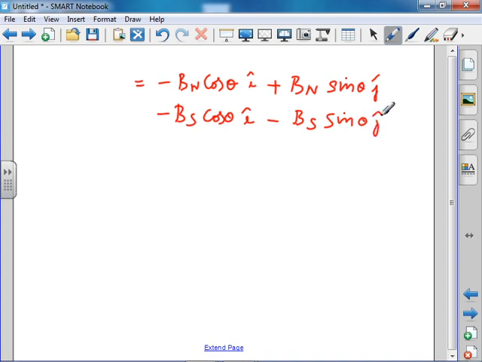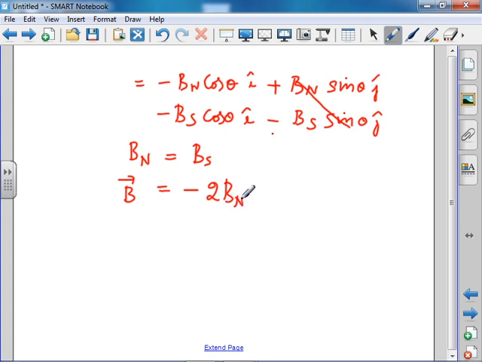Here I have brought minus to the front, so they get cancelled. Here the magnitudes of magnetic field Bn and Bs are equal, so we get B vector is equal to minus 2 Bn, or Bs twice, no?